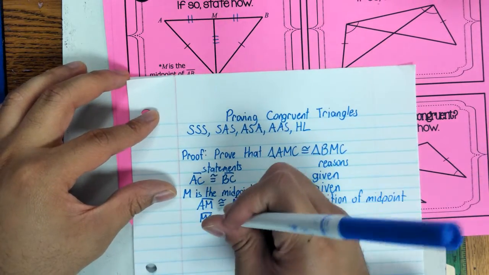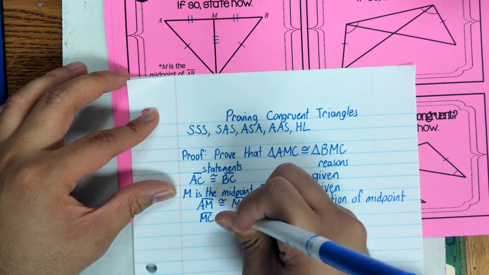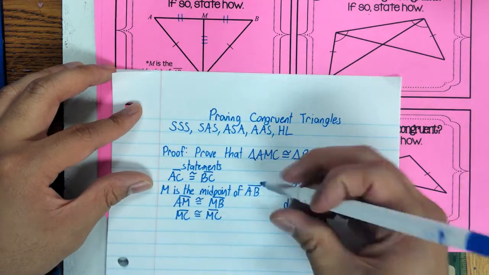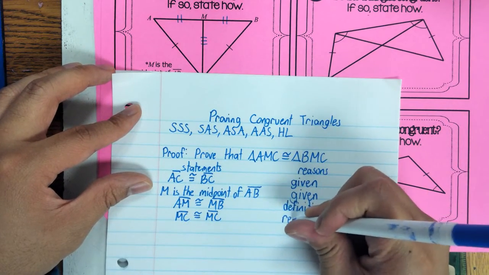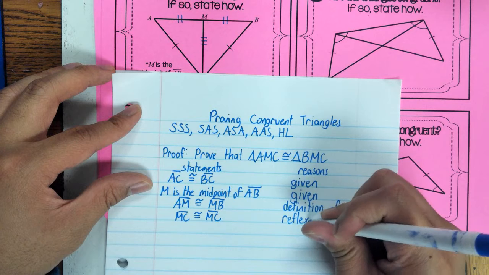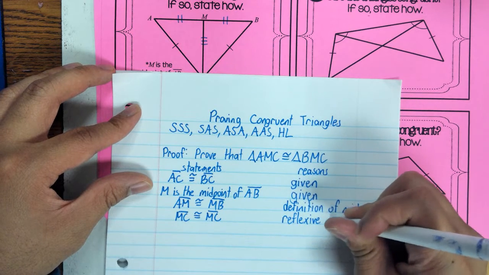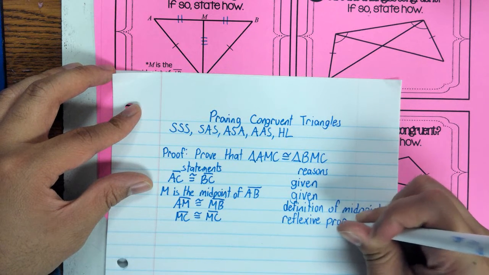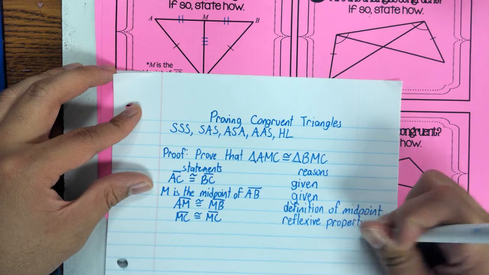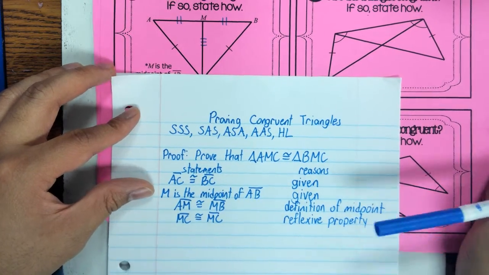So MC is congruent to MC. We call this the reflexive property. Reflexive meaning it's the same thing. It equals, it's congruent to itself. Because they both have it.